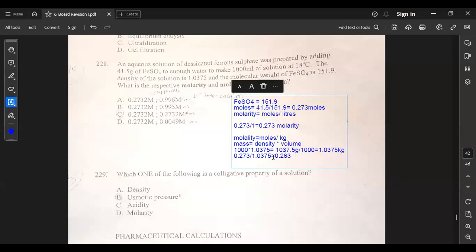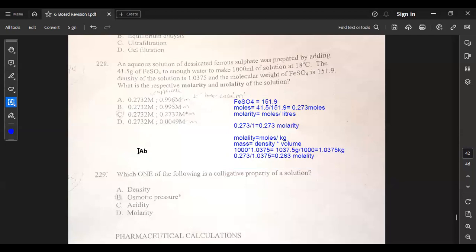So you get 0.263. That's what I've gotten as the molality. The 0.263, that's the molality, and 0.27 was the closest thing I could find for molality.